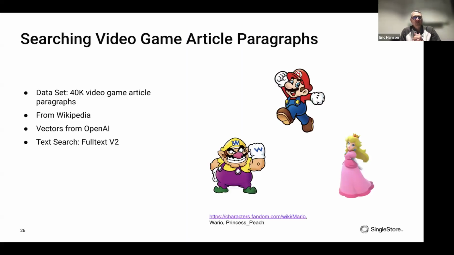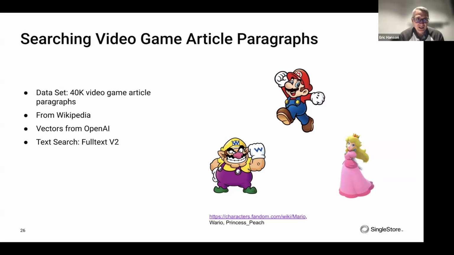So I wanted to demo using full text search, live for you on a real set of documents, to make it a little more exciting. Those toy examples I showed you before are great because they're small and compact, but let's try it on a real data set. So I want to search video game article paragraphs using full text search v2.